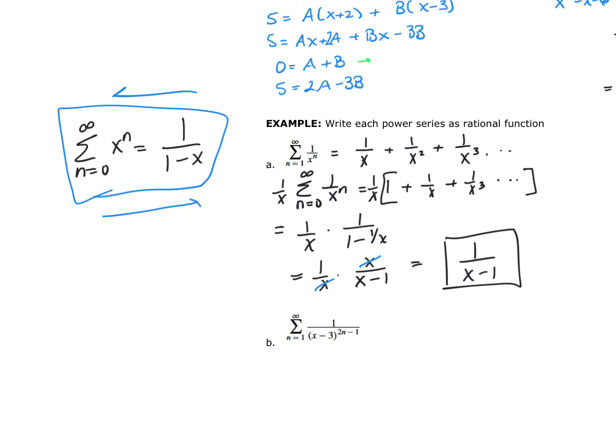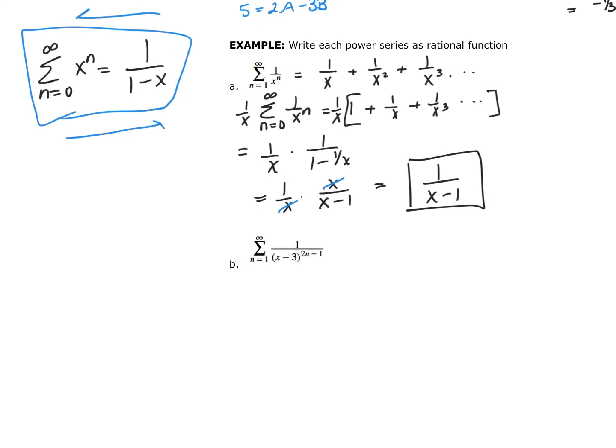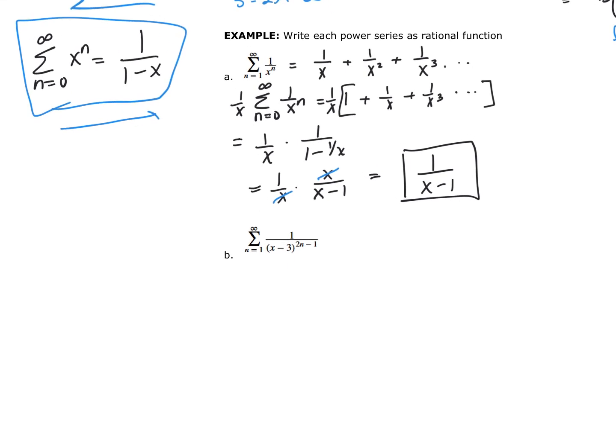My next example is similar. I need this to start at 0. So first, what I'm going to do is start writing out what I have, just like I did before.